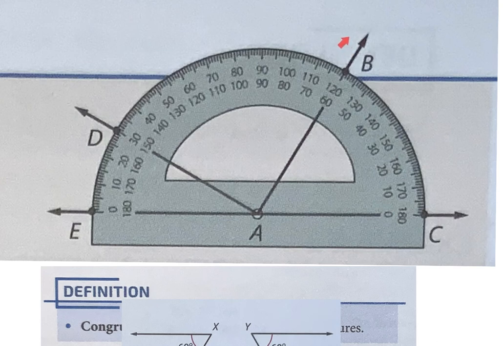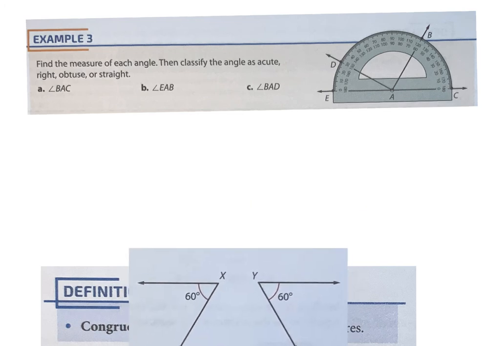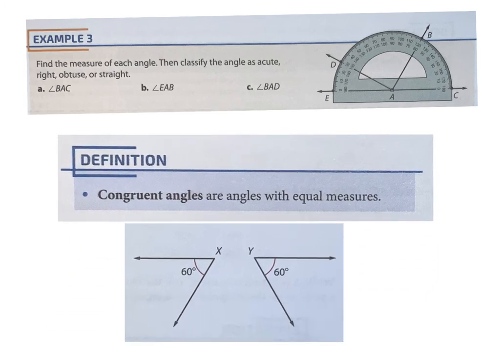It's not 120 degrees. But if I were to ask for EAB, that is 120. So pay attention to how you are reading the angle measure on your protractors. Any questions on using it?